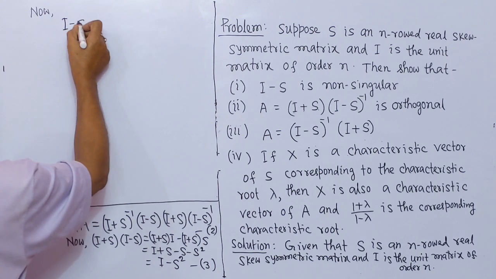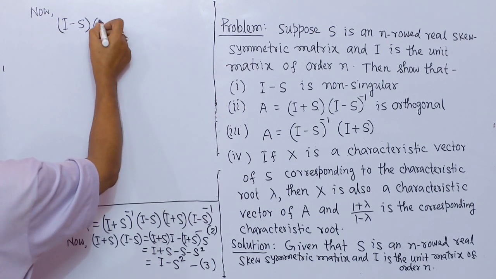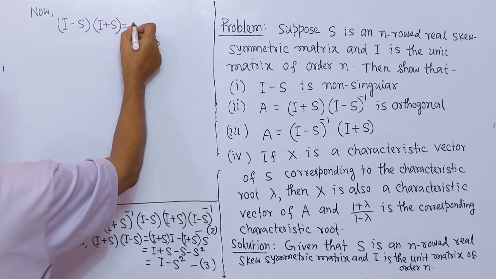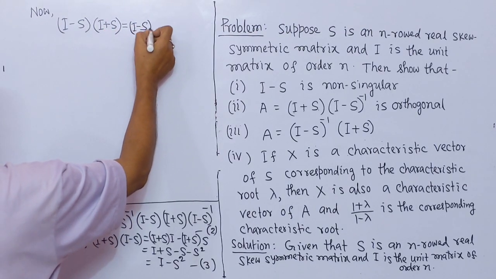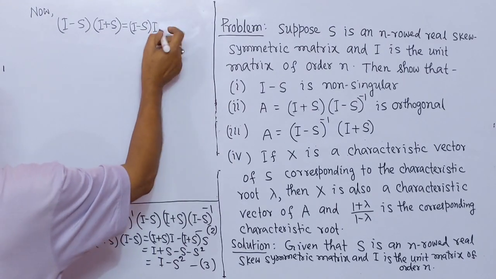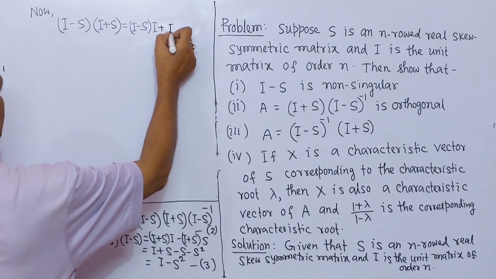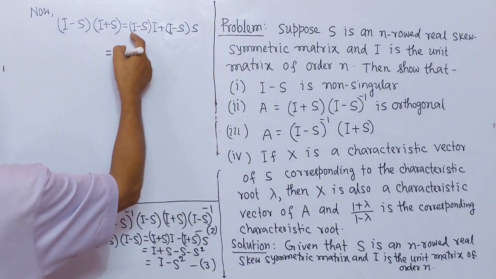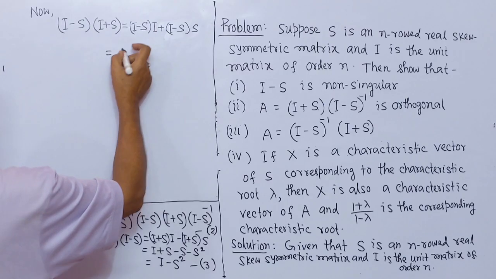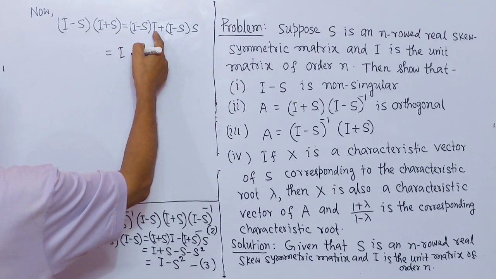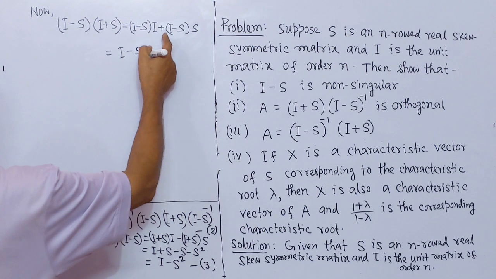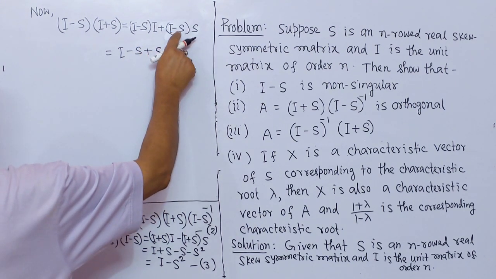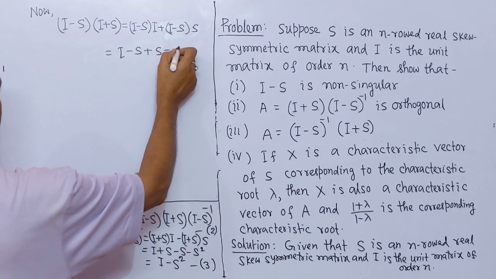Now I minus S multiply I plus S, by distributive law, I minus S multiply I plus I minus S multiply S. This is equal to I multiply I minus S multiply I minus S plus I multiply S minus S multiply S, minus S square.